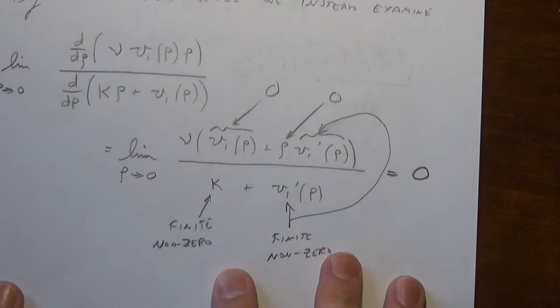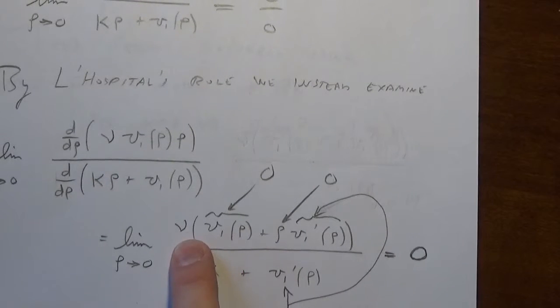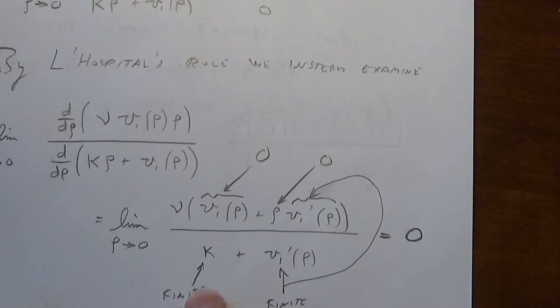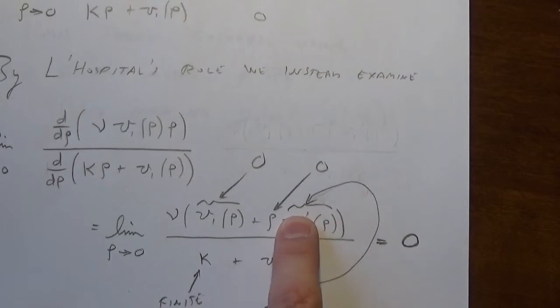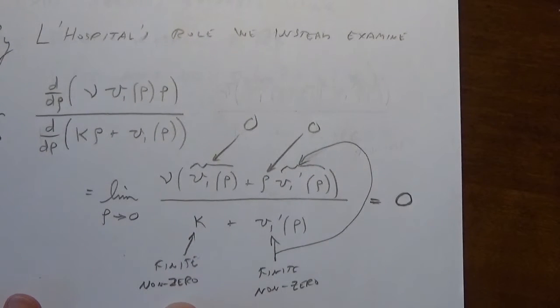Taking the derivative of the top gives us nu v1 plus rho v1 prime, and then on the bottom we get kappa v1 prime rho. Well, that's 0, that's 0, and this is a finite value. This is just a parameter, like 5 times 10 to the minus 5, but it's a parameter. And this is also generally non-zero, which means these are non-zero, this is 0, and we get 0.